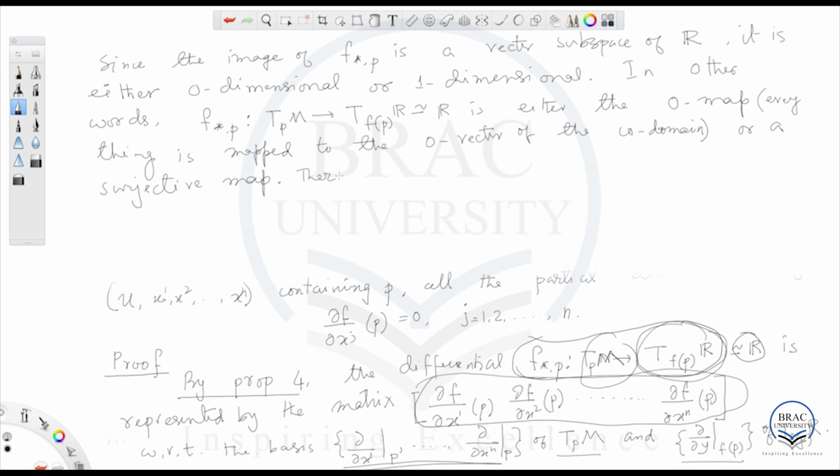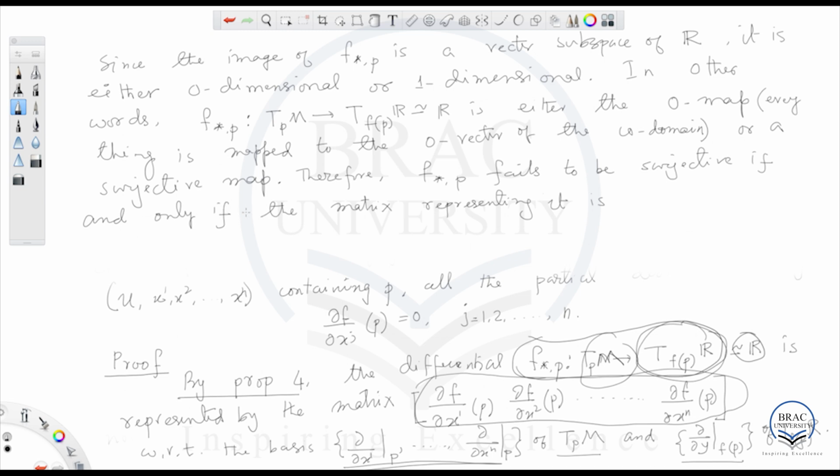Okay. Therefore, f star comma p fails to be surjective if and only if the matrix representing it is, so in the latter case it's going to be a surjective map, right?